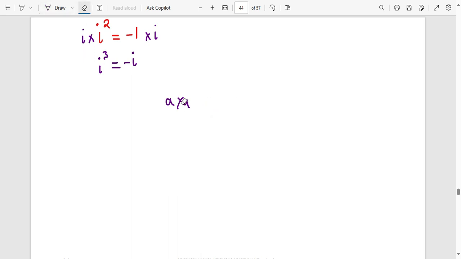So i to the power 3 is the same as negative i. Does this make sense?